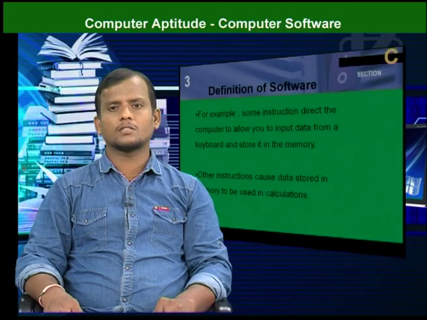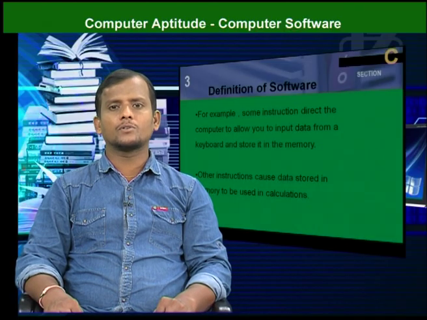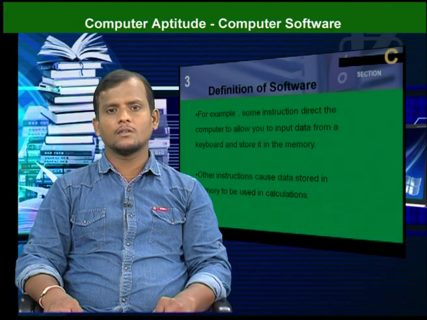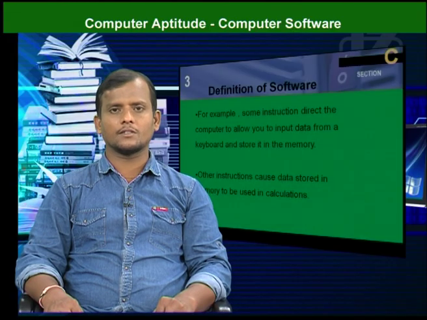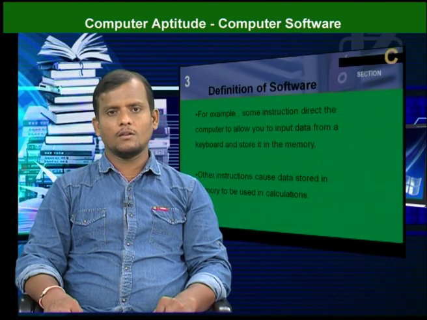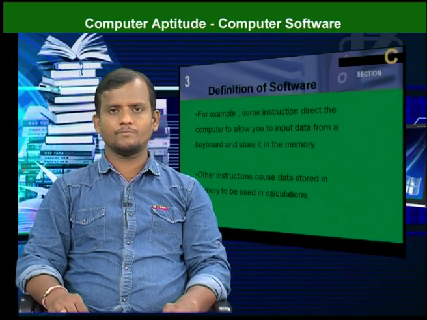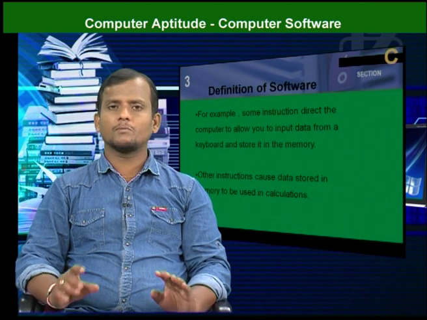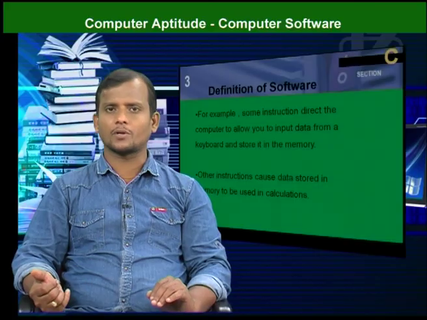For example, some instructions direct the computer to allow you to input data from a keyboard and store it in memory. Other instructions cause data stored in memory to be used in calculation. For example, when you are typing something, that is an input.